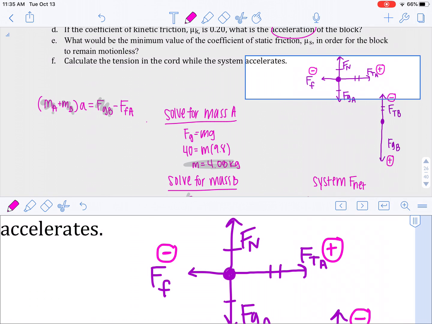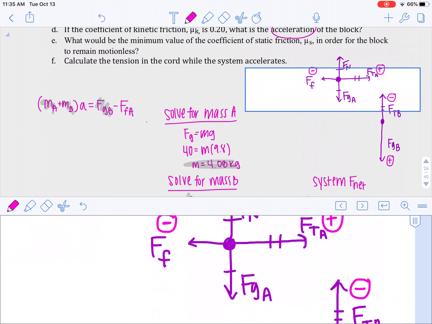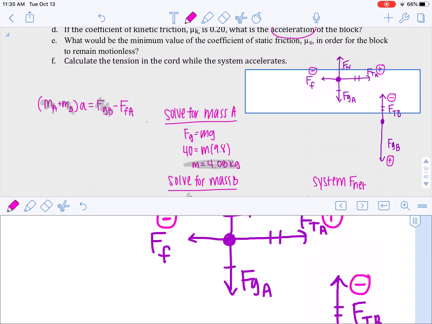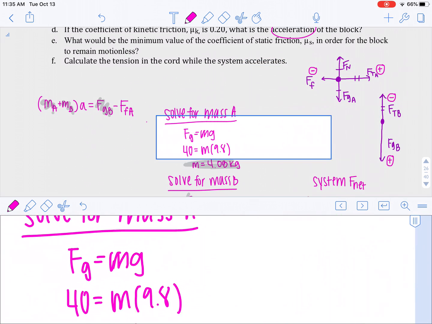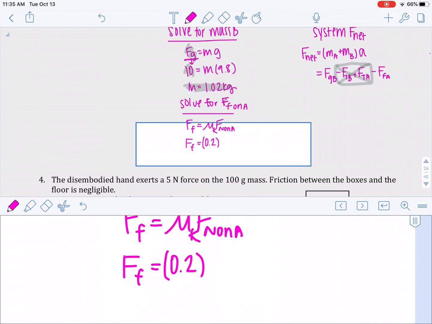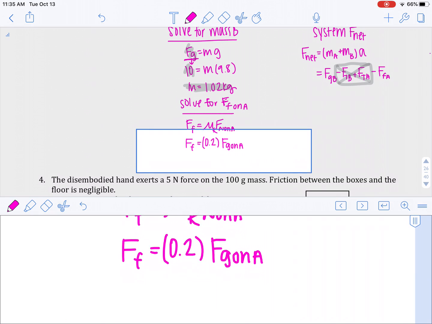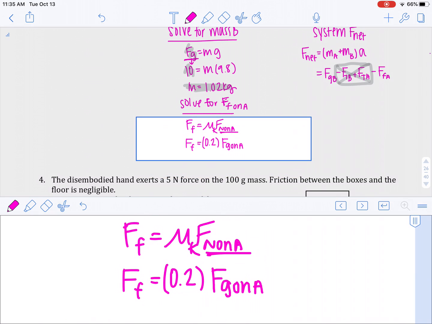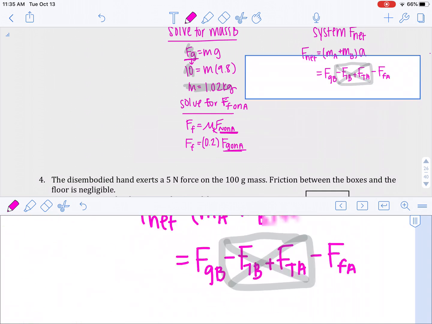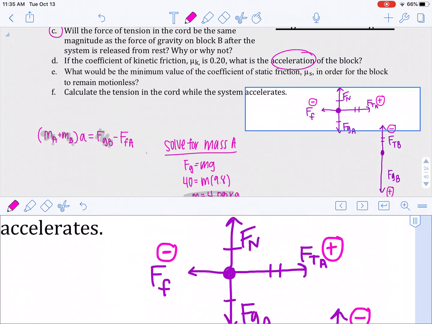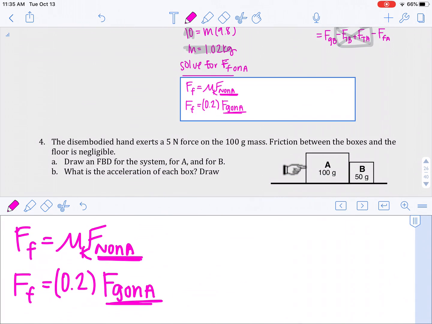Oh, and the normal force on A is equal to the weight of A. So I'm going to use that 40 newtons, that's the weight of A, and plug that in instead. So because the normal force on A is equal to the force of gravity on A, because it's not accelerating, this is from my FBD, I can just replace it.